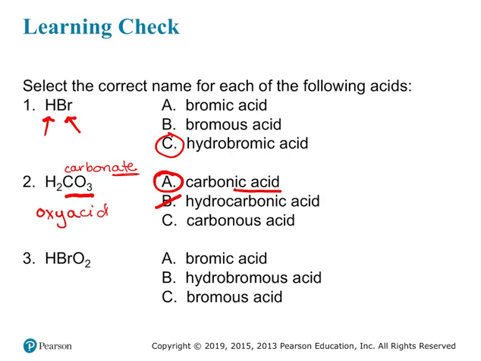All right, and then last but not least, we have HBrO2. Okay, so this one's a little tricky. BrO2 is our polyatomic ion. And is this an oxy acid or a binary acid?